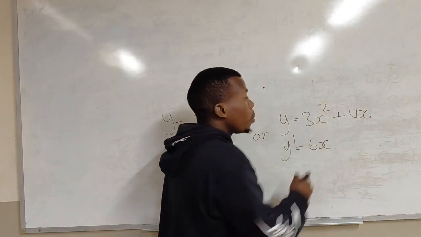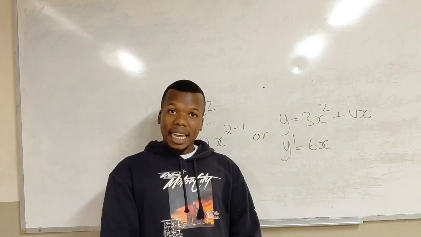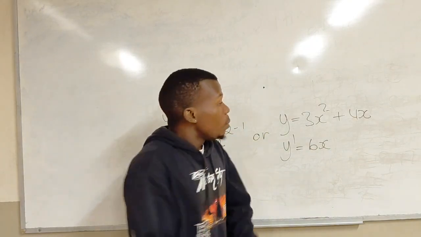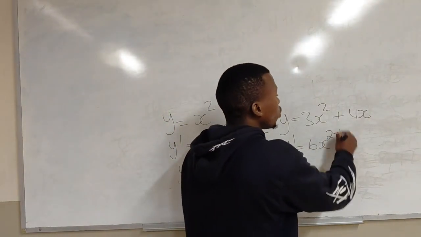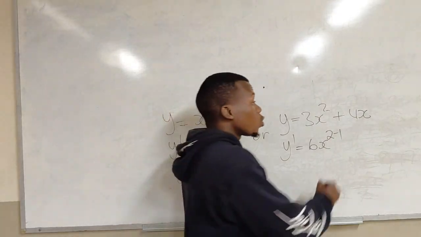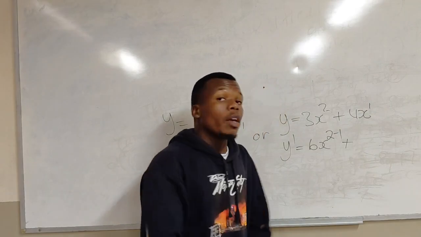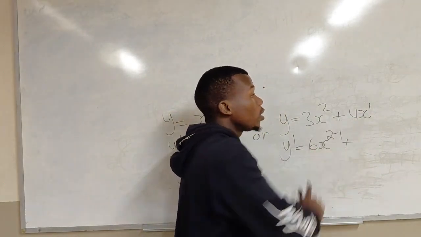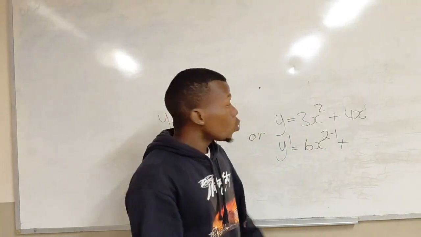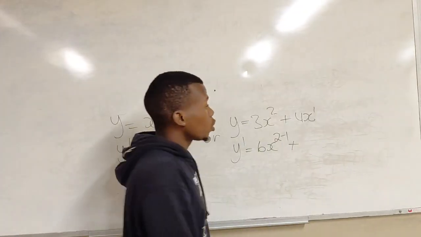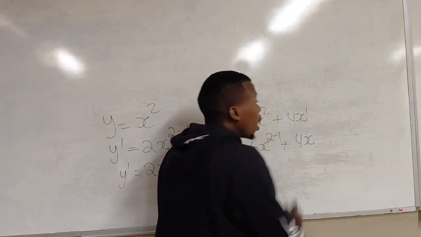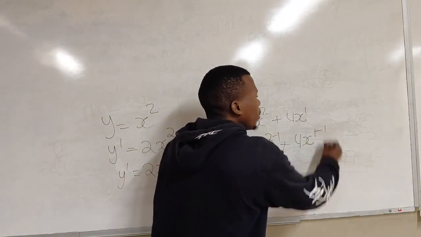6x to the power of what? Remember I must say exponent minus 1. Meaning I'm going back to the exponent and say 2 minus 1. Plus, now let's check. What is the exponent in this case? It is 1. What is the coefficient? It is 4. Meaning I'm going to say 1 multiplied by 4 is equal to 4. X to the power of 1 minus 1.